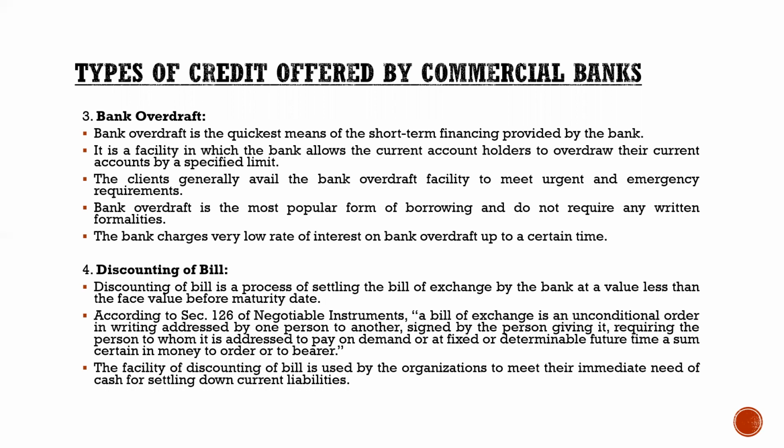Examples of bills of exchange are checks and demand drafts. All these are negotiable instruments. The facility of discounting of bills is used by organizations to meet their immediate need of cash for settling current liabilities.